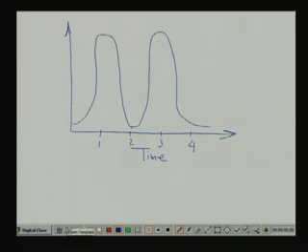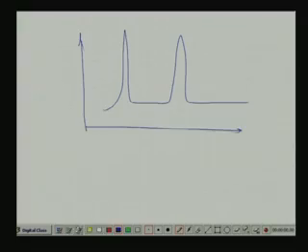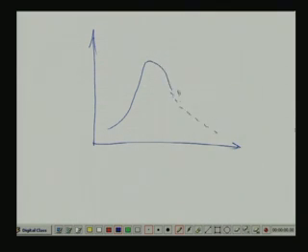The peaks might be sharp also; it may not necessarily look like this, it can be very sharp like this also. This is always possible if the sample quantity is very small. If the sample quantity is large, you may get a peak which actually looks like this.